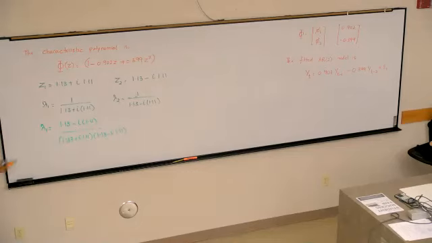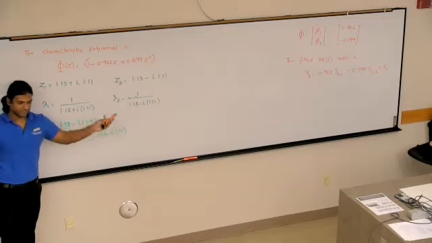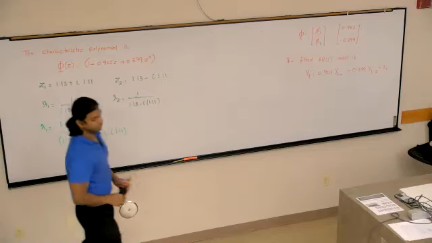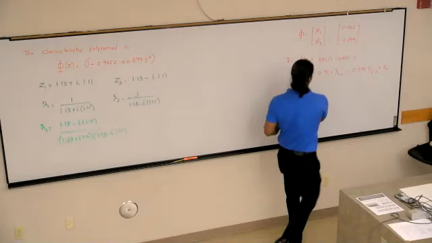You can see I'm not messing with lambda 2 at all because I don't have to. If I know lambda 1, I can find lambda 2. Lambda 2 would simply be the conjugate of lambda 1.